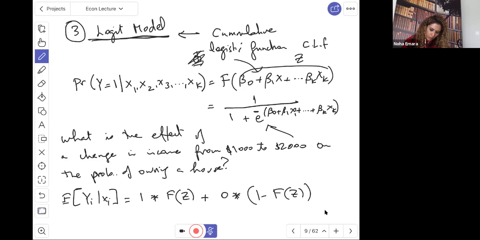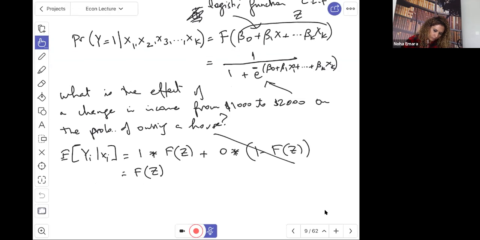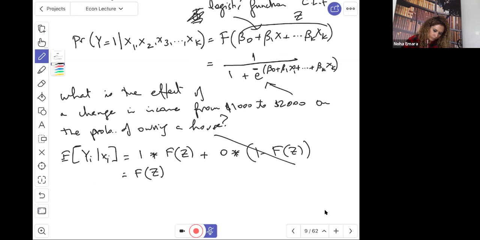Now, this part is gone, so I actually want to compute f of z. In order to do that, I want to compute one for the 1000, another for the 2000, and get the difference to get the change.